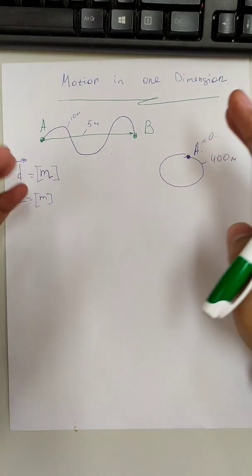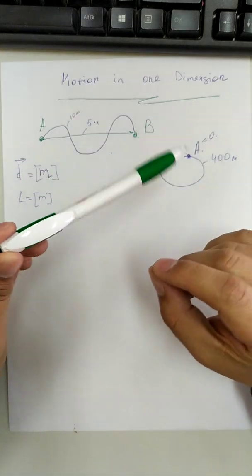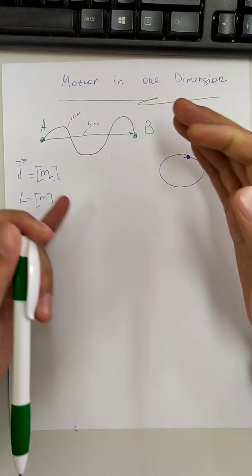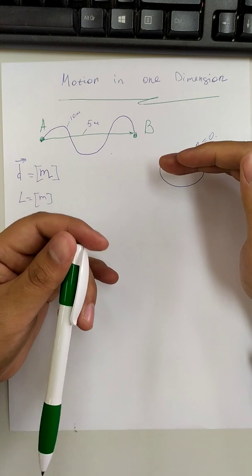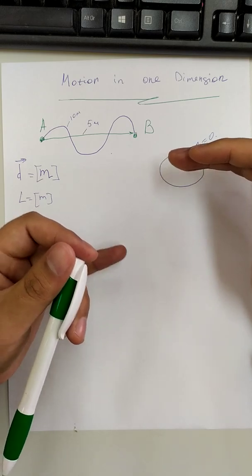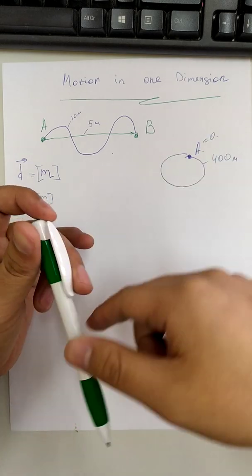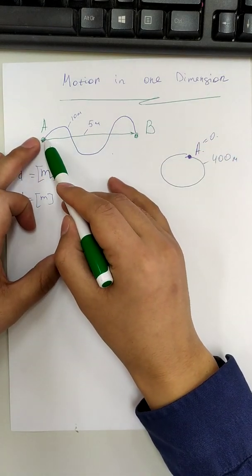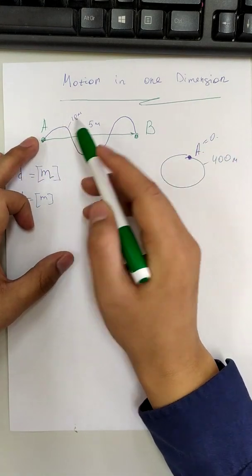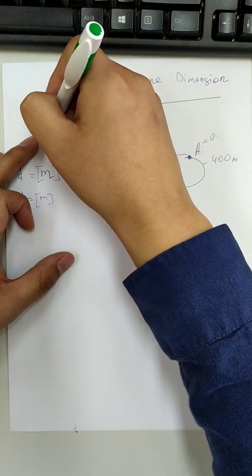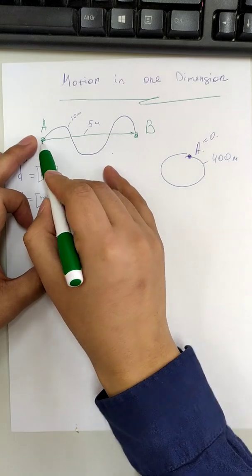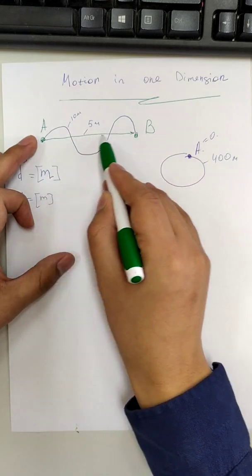If you travel by car, you follow the road. If you travel by plane, you go along the straight line.